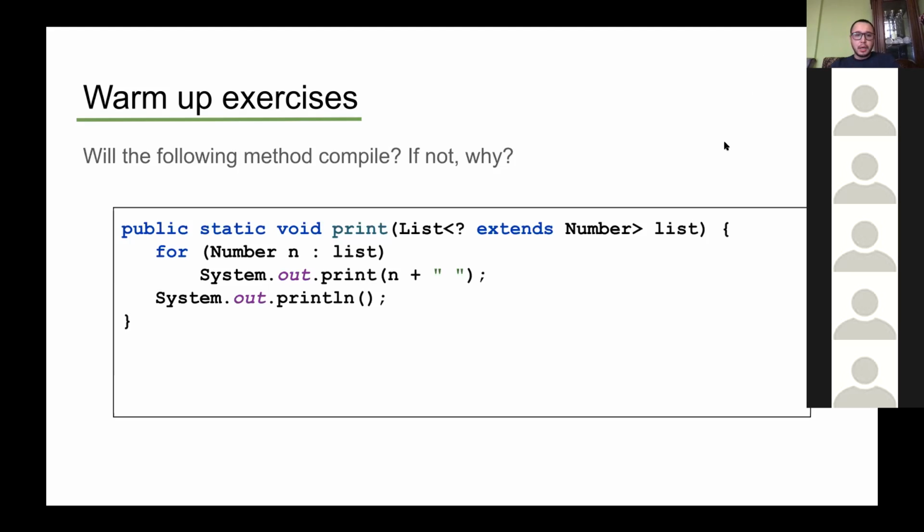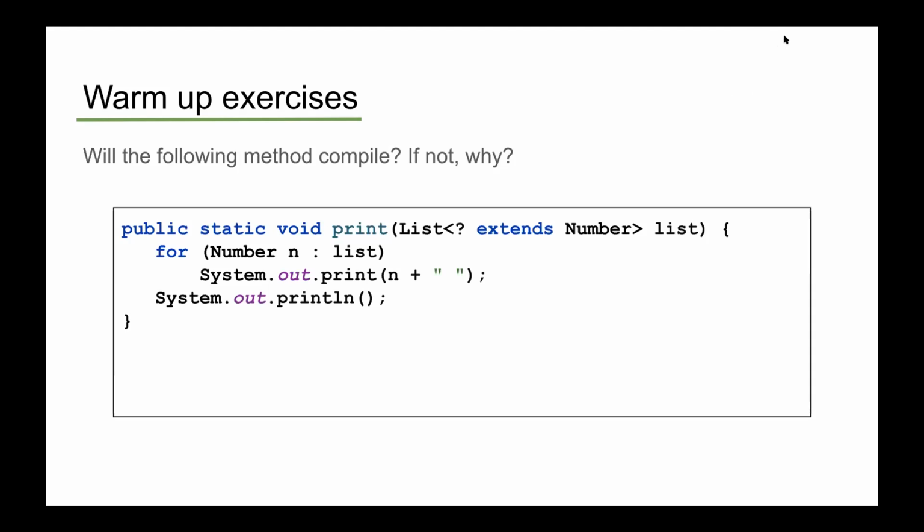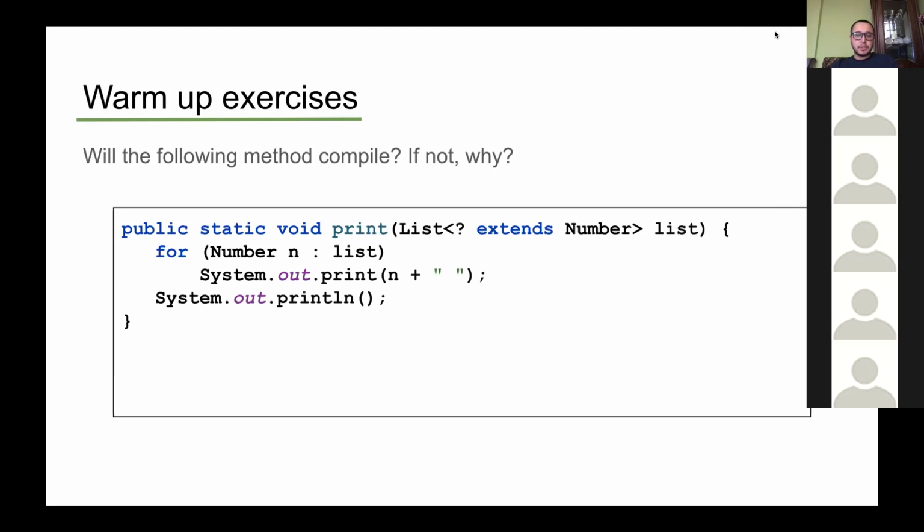Let me explain. Here we have a static function in Java, and what is the parameter of this function? What is this function expecting, Philippe? Class list. So it is expecting a list. I mean, more precisely, an object of list, right?